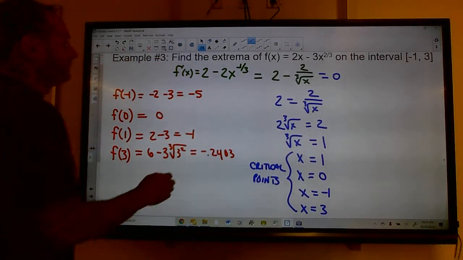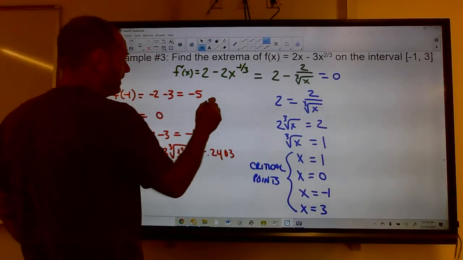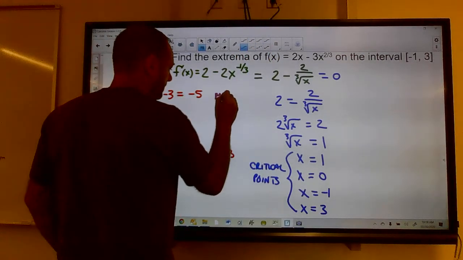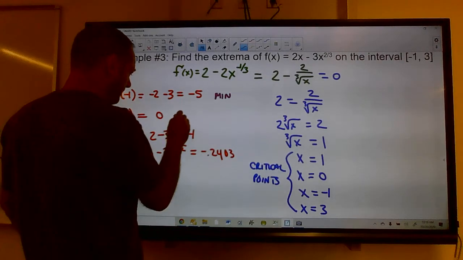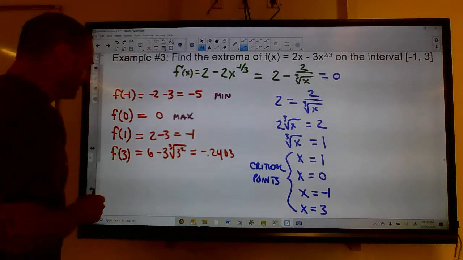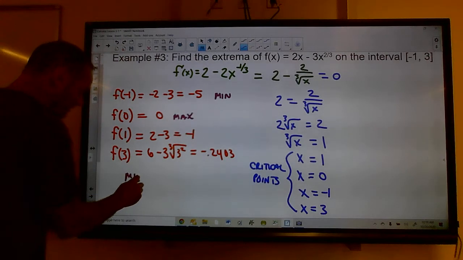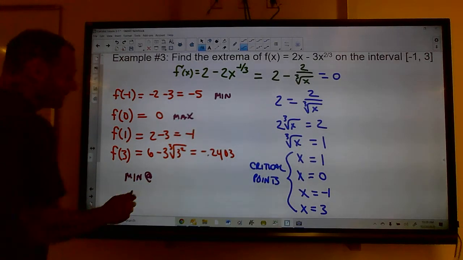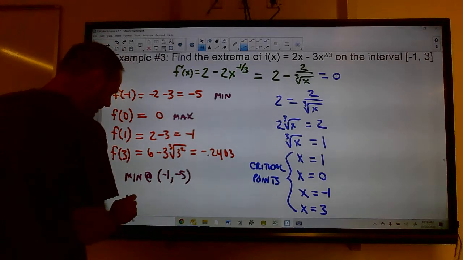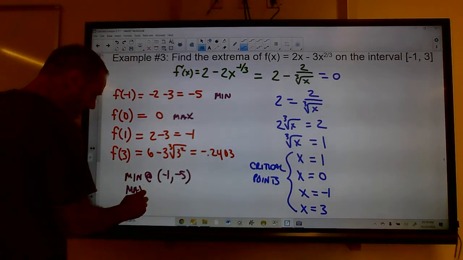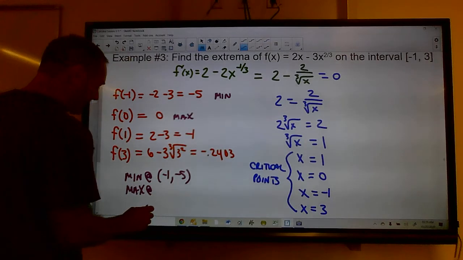Okay, so I have a minimum right here, and I've got a maximum right here. So my min is at -1, -5, and my max is at 0, 0.